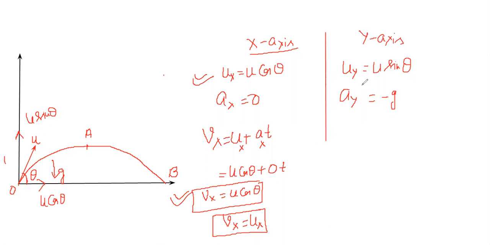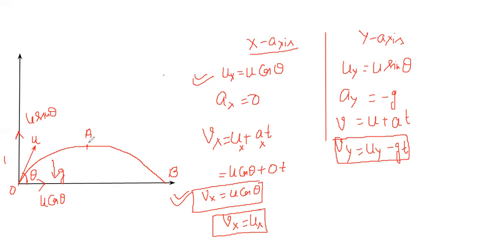Now we want to discuss the velocity in the y-axis. v equals u plus at, so for the y-axis, vy equals uy minus gt. This is the velocity relation in the y-axis. Clear?